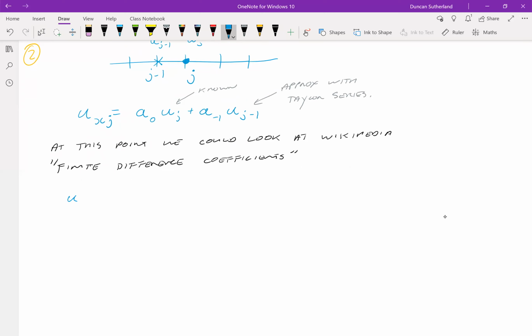So let's write down the Taylor series of u at, let's say, our coordinates xj. U of x. Remember that the Taylor series is an expansion around this point.